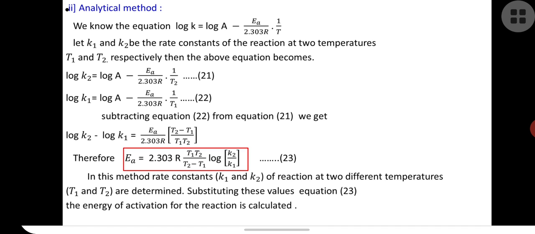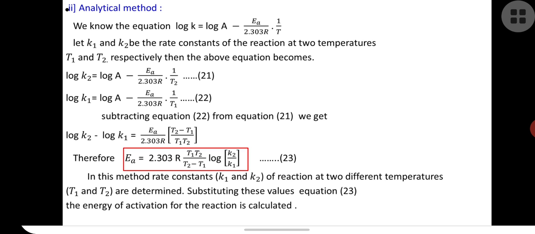In this case, R is the gas constant, T1 and T2 are the two absolute temperatures, and K1 and K2 are the rate constants of the reaction. In this method, the rate constants K1 and K2 of the reaction at two different temperatures T1 and T2 are determined. Substituting these values in the above equation, the energy of activation for the reaction is calculated.